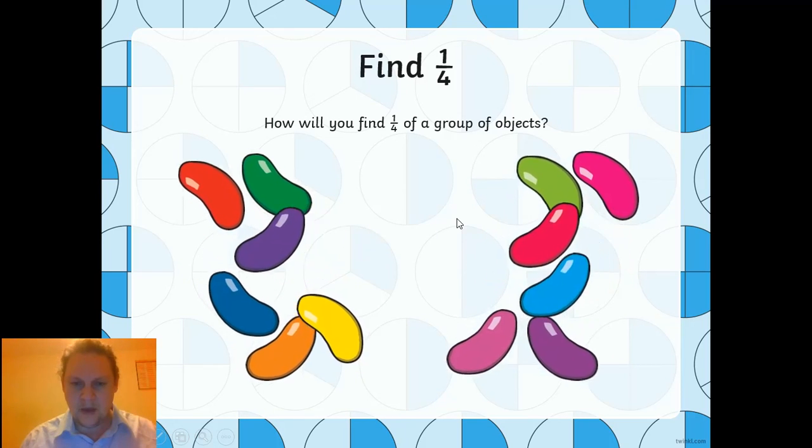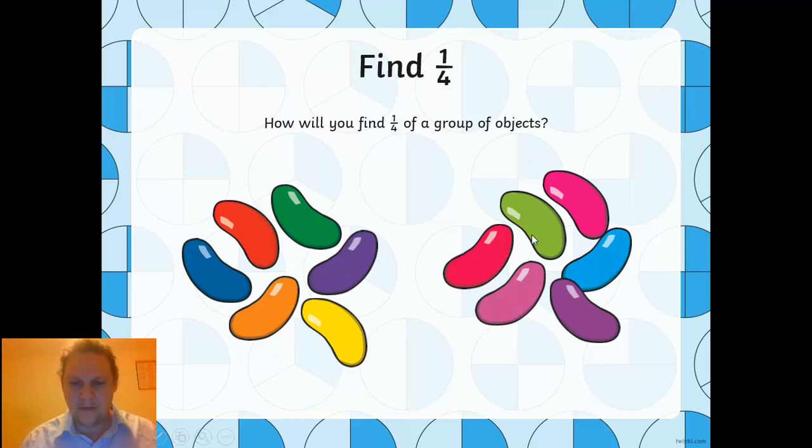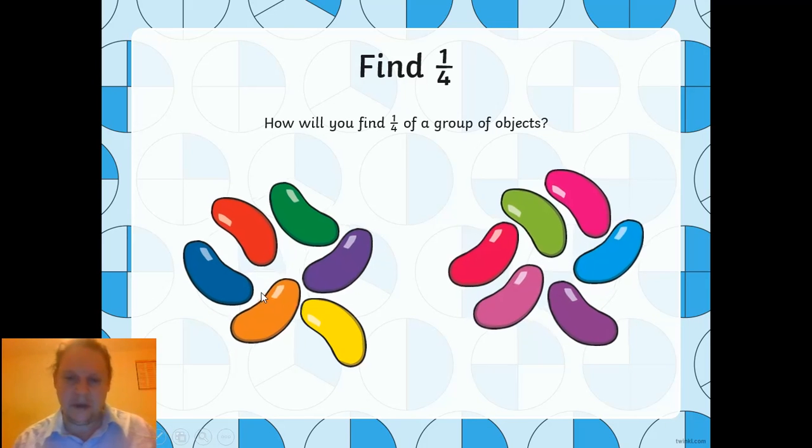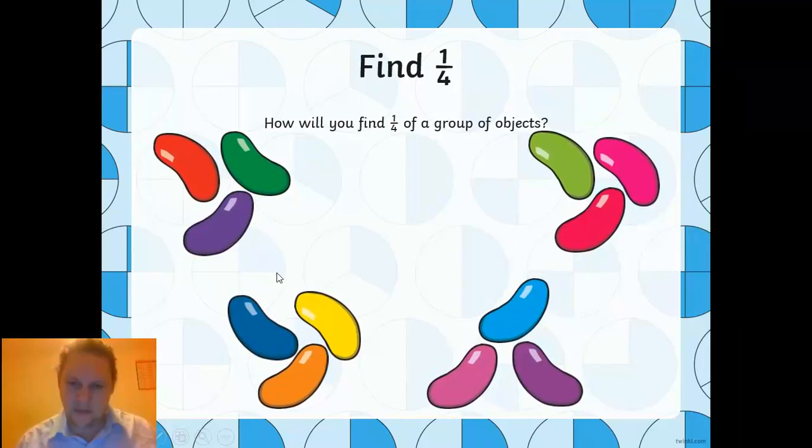You might be able to see it already. Okay, we are going to move those halves. I'll show you again. We've got half and half. We're going to cut them in half again. So now we've got 3 in each group. We've got 4 equal groups with 3 jelly beans in each group.